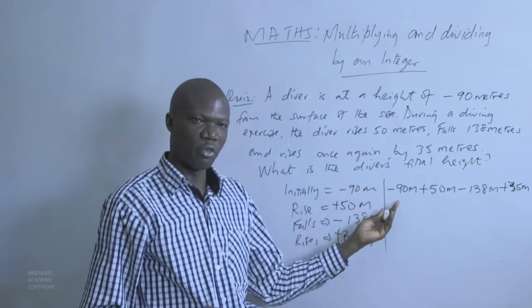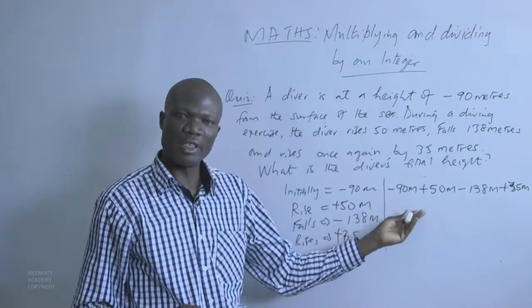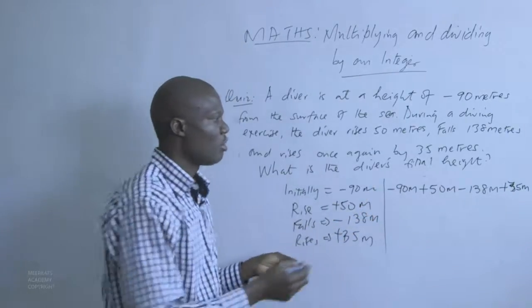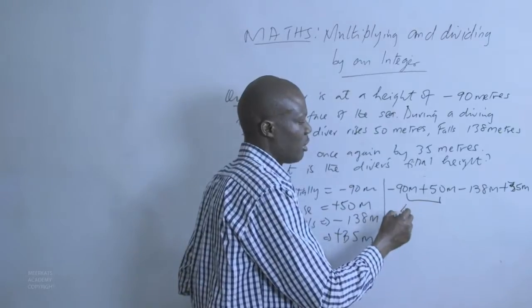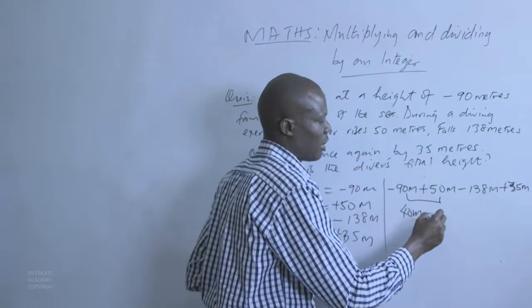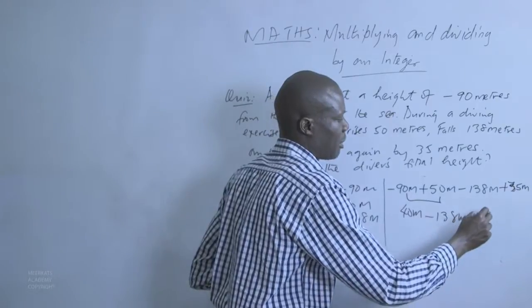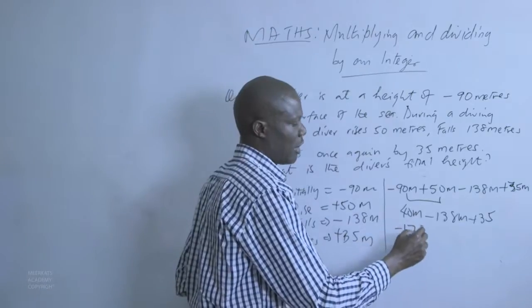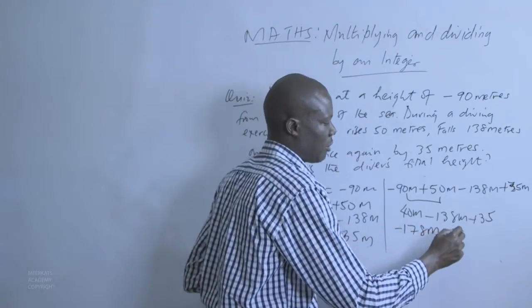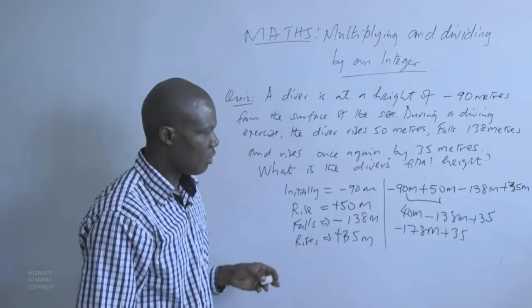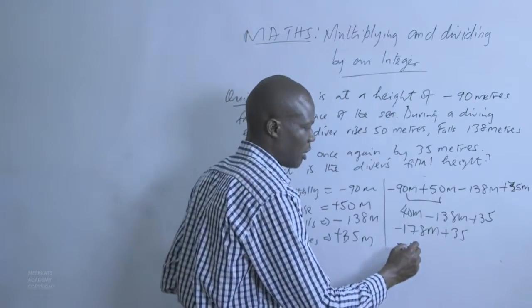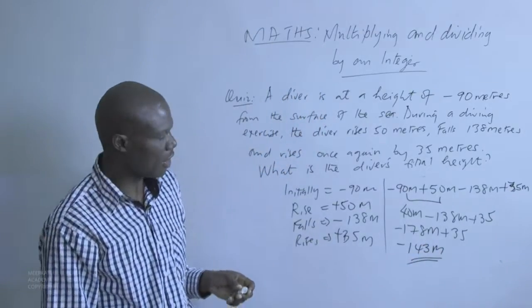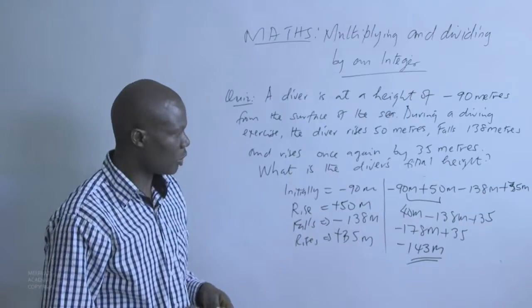He was 90 meters below, and when he rises 50 meters, what remains is 40 meters below. So this gives us minus 40 meters minus 138 meters plus 35, which is minus 178 meters plus 35, and you'll find that you get minus 143 meters. So this is the position.